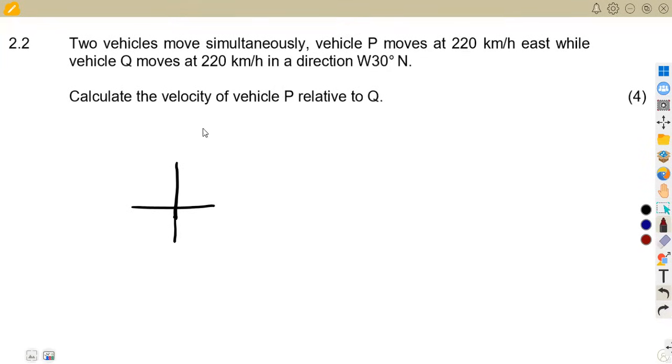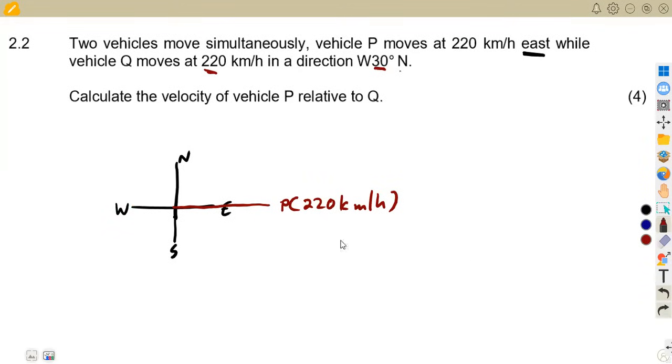So this is our north. We've got our north, our south, west, and east. Q is in the east, so meaning to say we are going to have our P in the east like this. This is our vehicle P, which is moving at 220 kilometers per hour. Whilst Q is at the same velocity, 220, west 30 degrees to the north, from the west going to the north.